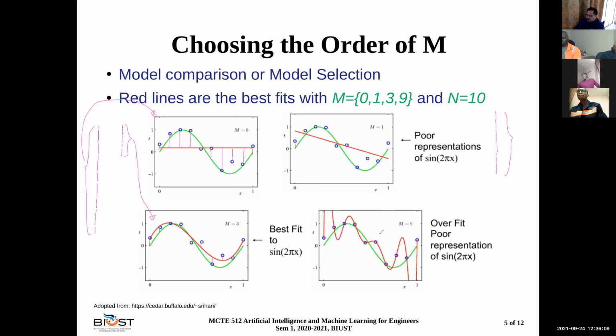And what about this one? Here the error is zero on the data points. It's very good, isn't it? But it's not the best fit. According to the error measure, the error is zero.